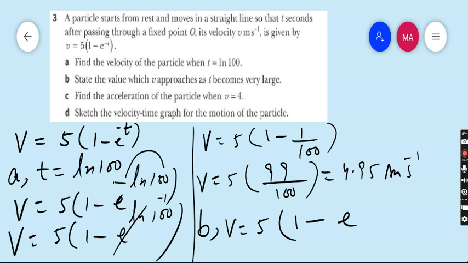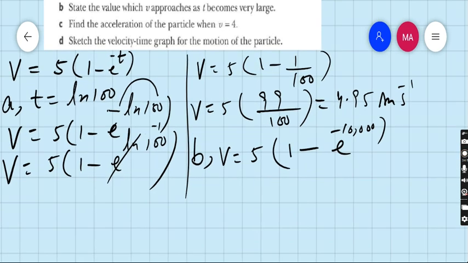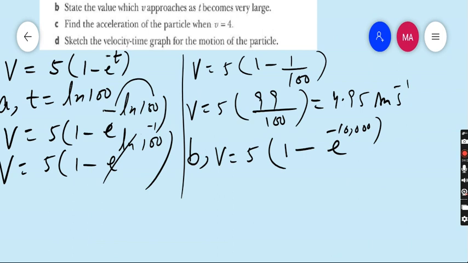So for example, if I take t as 10,000 and find the value of 1 minus e power minus 10,000, the whole answer is 1. 5 ones are 5.